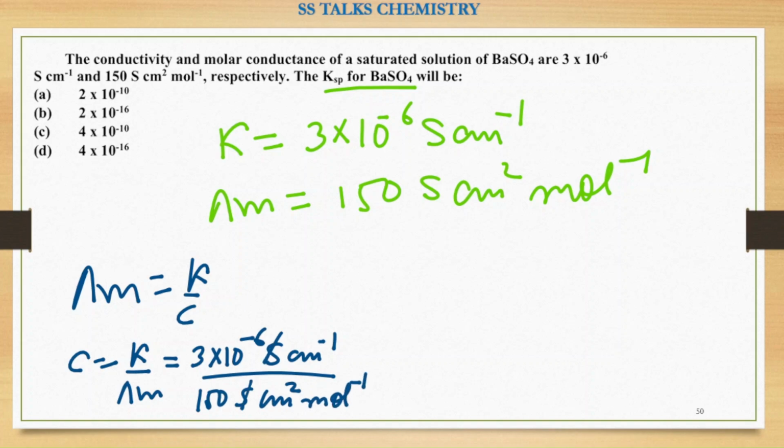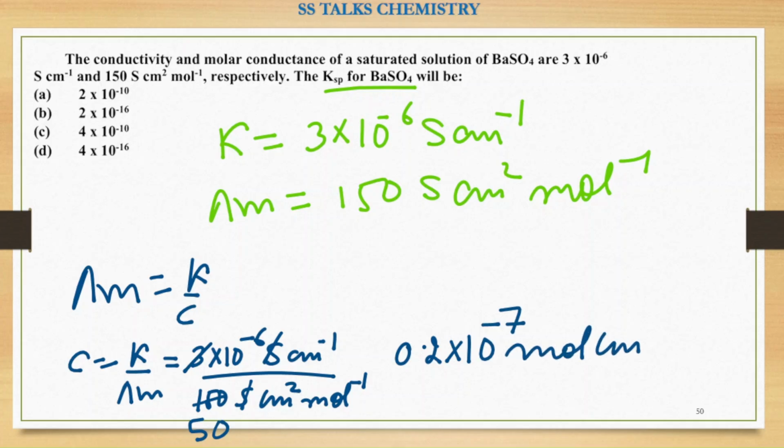So with this Siemens is being cancelled out, so it is 3 upon 150, and this is going to be 0.02, so it will be 0.2 into 10 raised to the power of minus 7. The units we are getting as mole per centimeter cube.